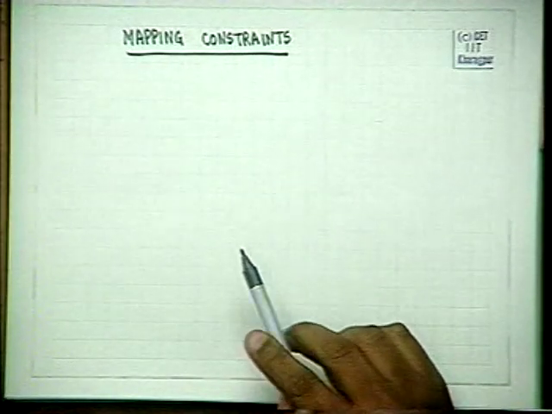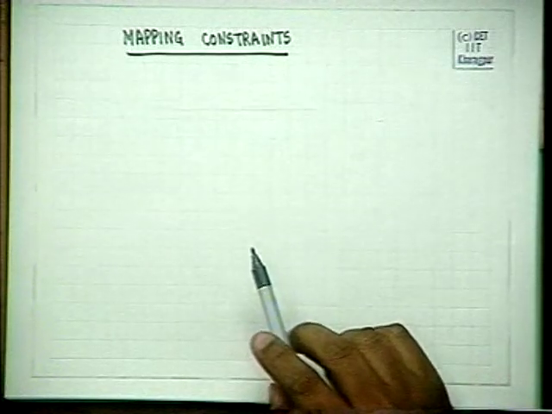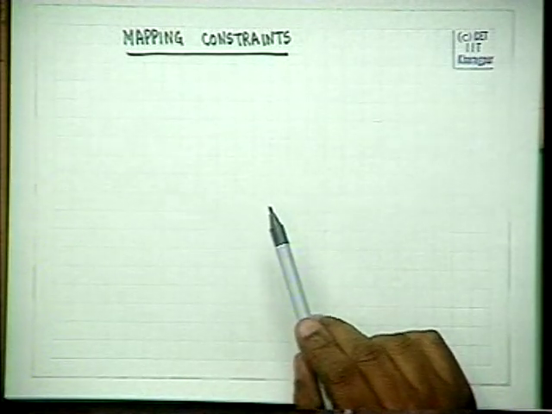Before we go on to mapping constraints among entities, therefore the mapping constraints among relationships, we will try to understand the different types of constraints that can occur between any relationship of two sets.